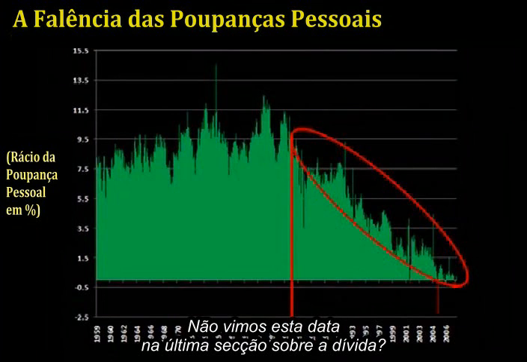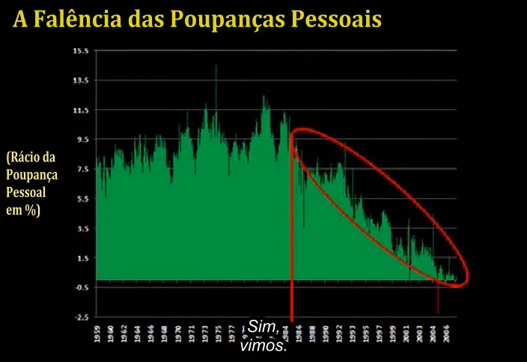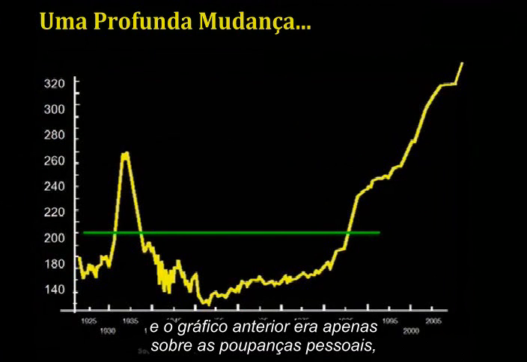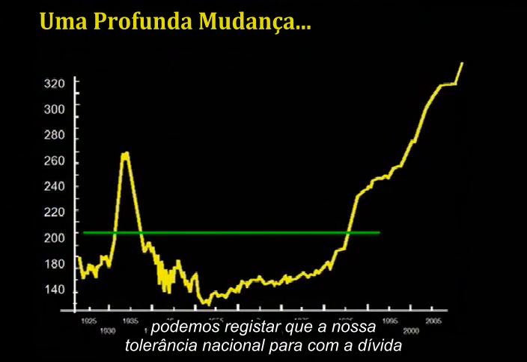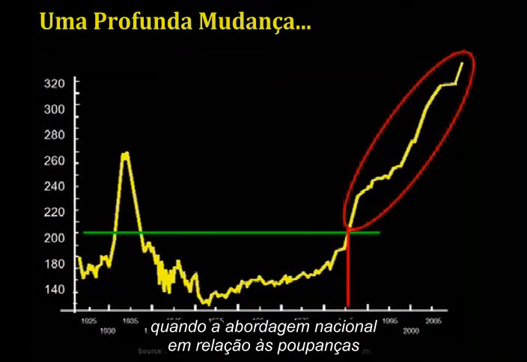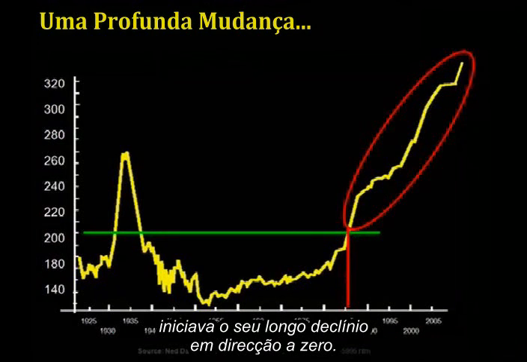Didn't we see that same time frame in the last section on debt? Why, yes we did. While this chart is showing all debt across all sectors, and the prior chart was of personal savings only, we can note that our national tolerance of debt shifted drastically upwards beginning in 1985, right as our national approach to savings was beginning its long decline towards zero.